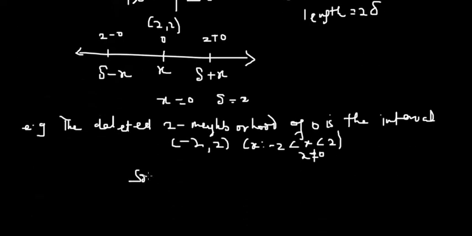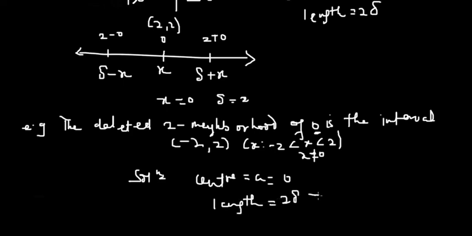We have our solution. We have the center to be equal to a, which is equal to 0, okay? And then we have our length, which is equal to 2 times the delta. So we have 2 by 2, that's 4, right?